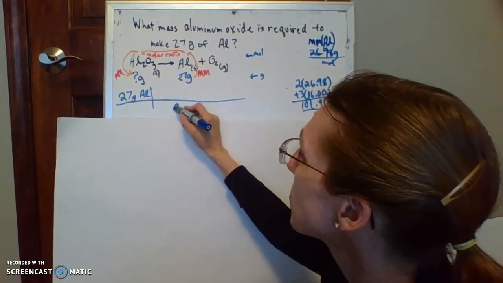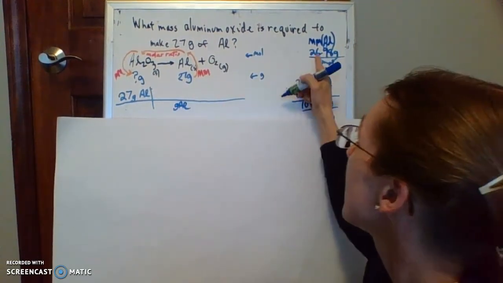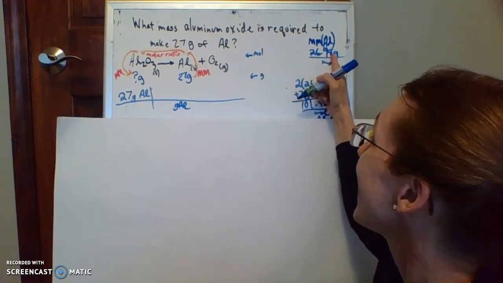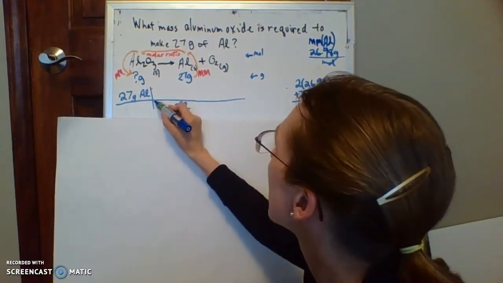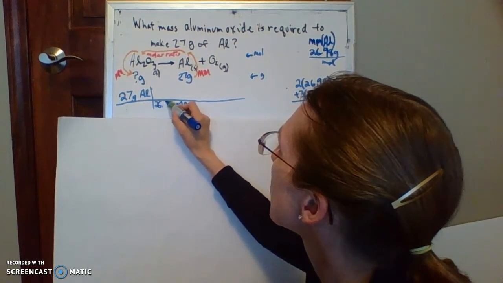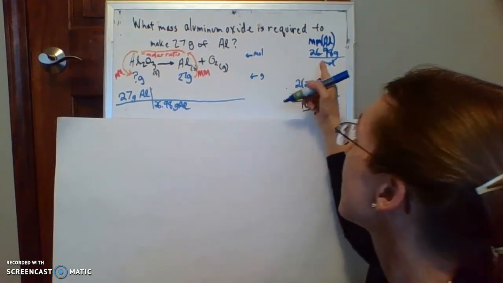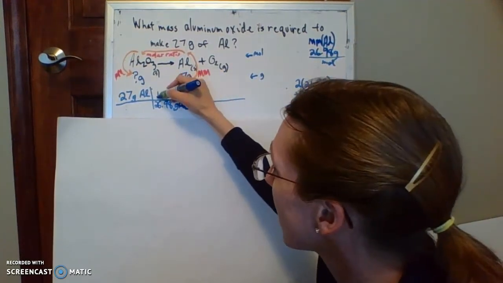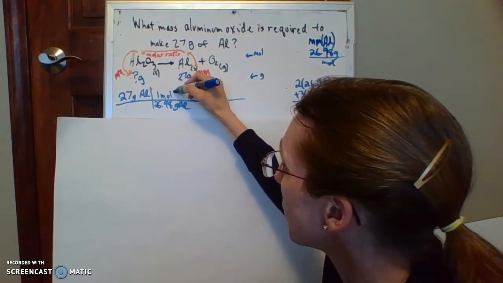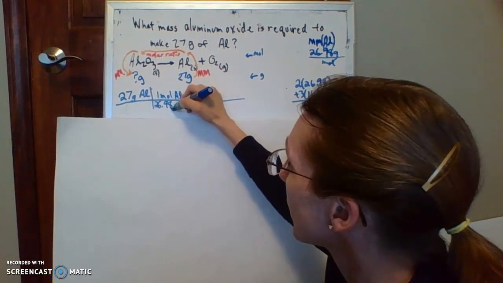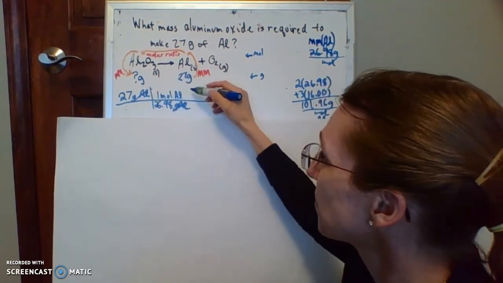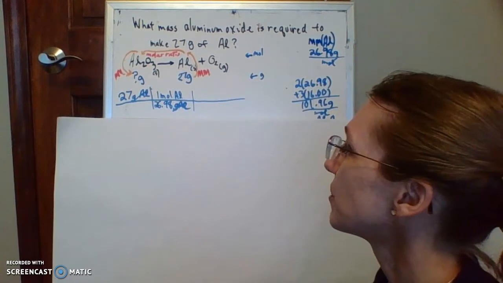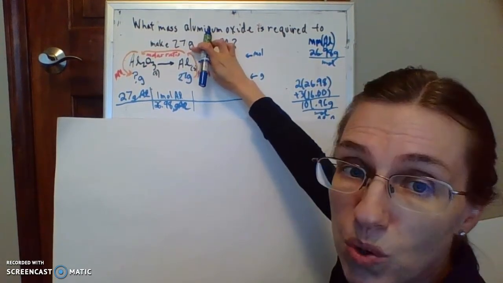So our grams of aluminum come down here. The number 26.98 goes with the grams. The thing on the other side of the line, the 1 mole of aluminum, goes over here on the other side of the line. So the grams cancel out.